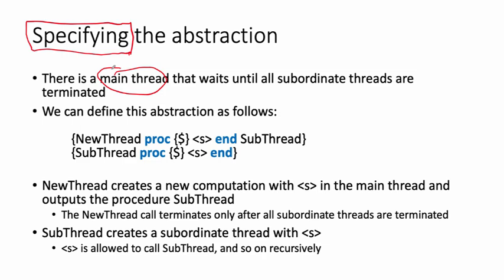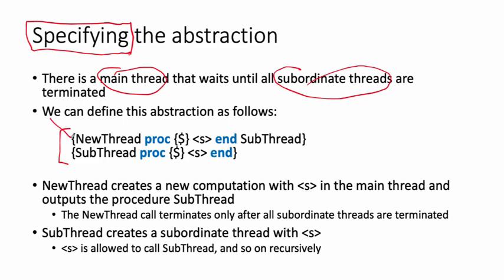So we have a main thread, and all the other threads are subordinate threads. So the main thread will create some threads, and those might create even more, and so on. All those threads are subordinate to the main thread, and then the main thread will wait until all the subordinate threads are done. Okay?